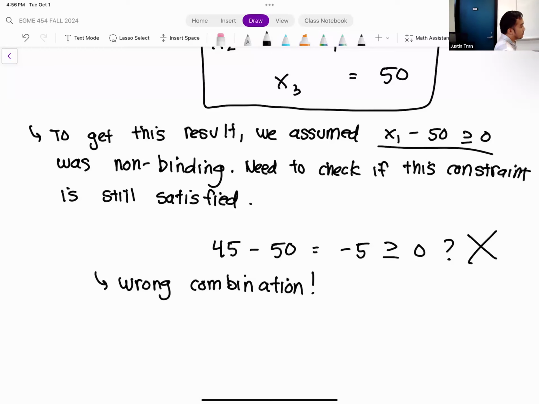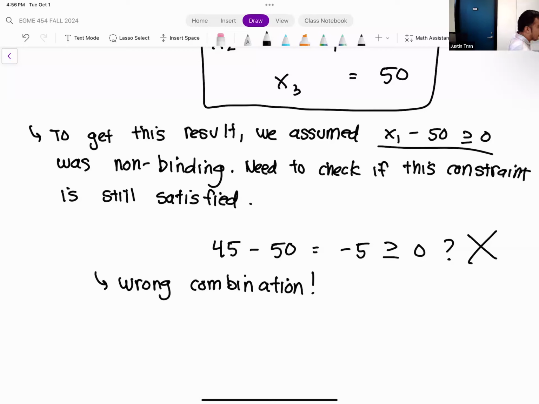Yes, question. If we pick a set of constraints and we find we violated one of the other ones, does that mean that has to be a binding constraint? It's usually a pretty good indication. So in this case, this tells us that constraint 1 probably should be binding. It's not a strict requirement, and there are weird situations where it doesn't hold, but those are pretty rare.